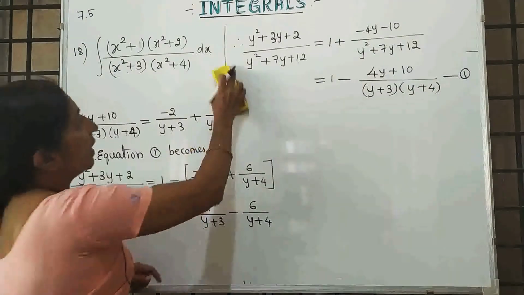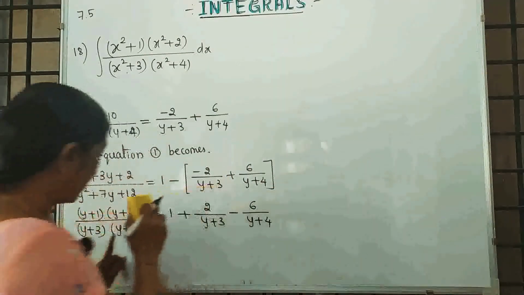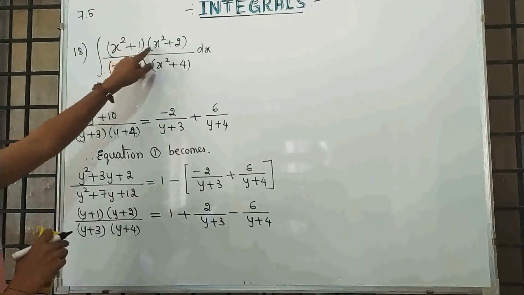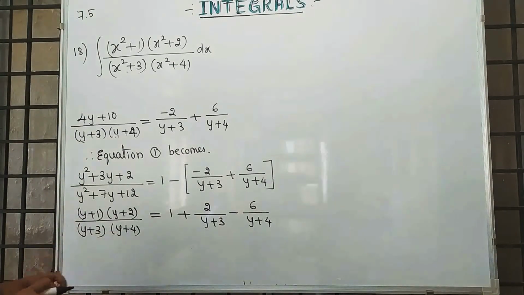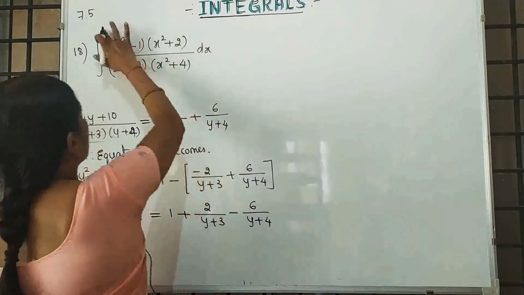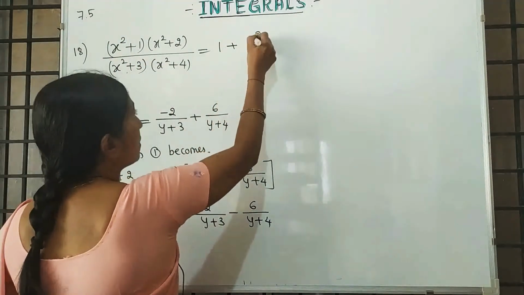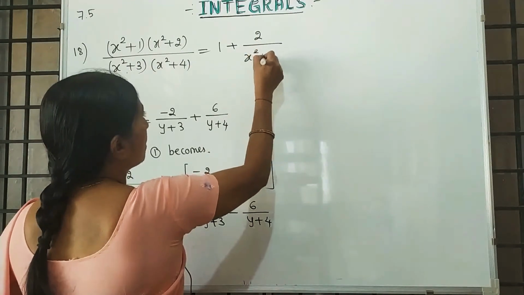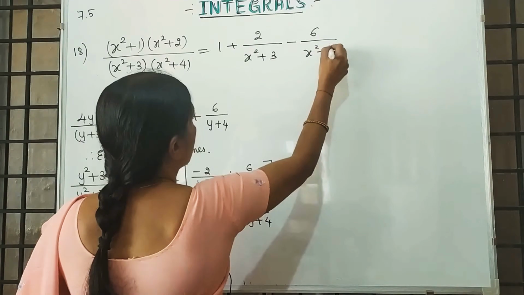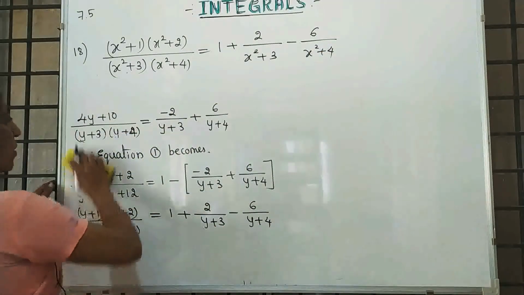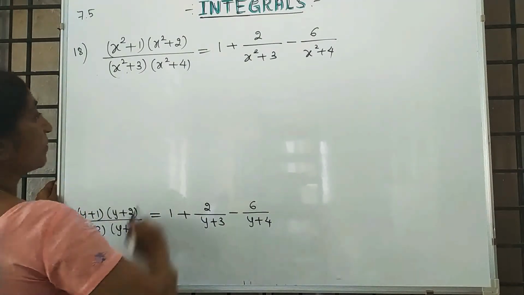Now write down these values in the form of x. The left side becomes (x² + 1)(x² + 2)/((x² + 3)(x² + 4)), because the y value is x². This, without integration, is equal to 1 + 2/(x² + 3) − 6/(x² + 4). Now integrate. Remember, we did the substitution without integration, that is important.